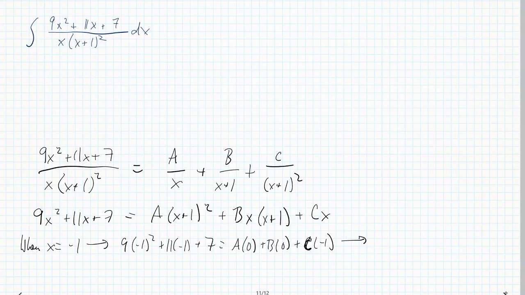So what does all that make? Well, 9 minus 11 is -2, plus 7 is 5, so 5 equals -C, meaning C equals -5.